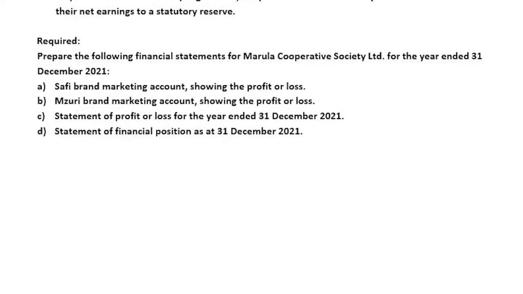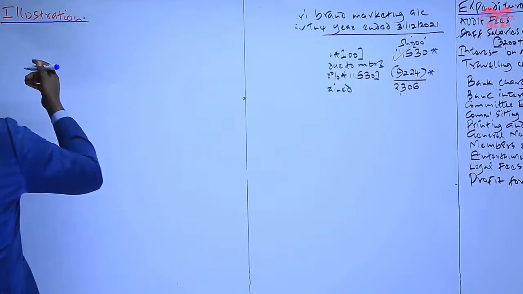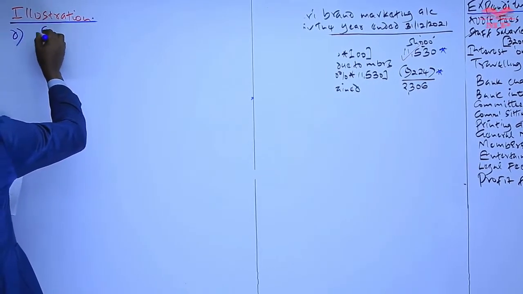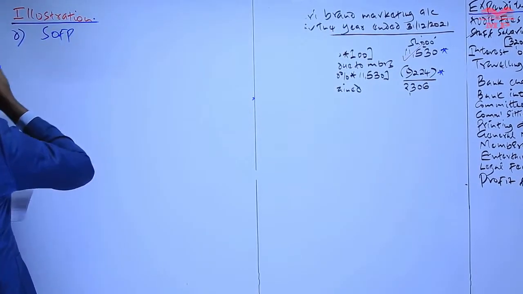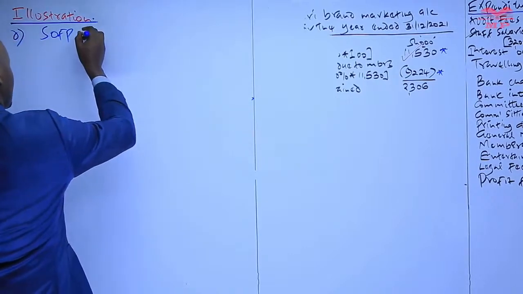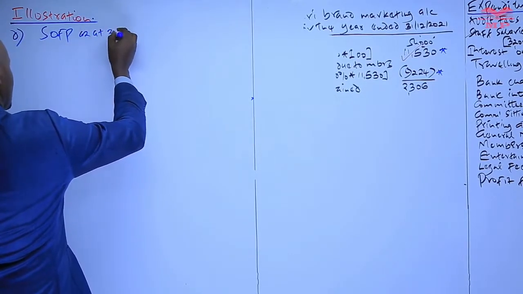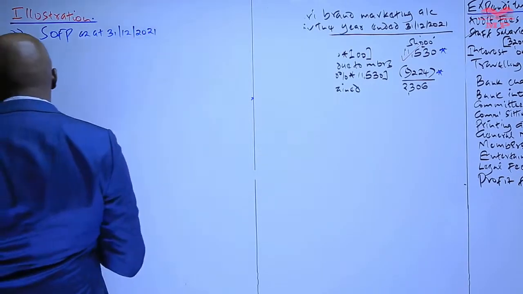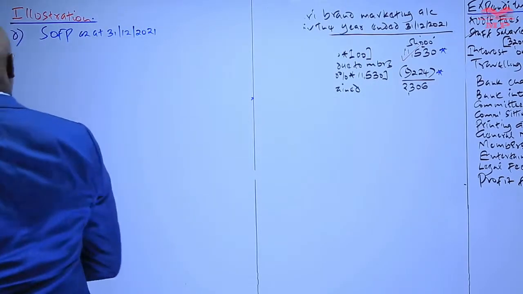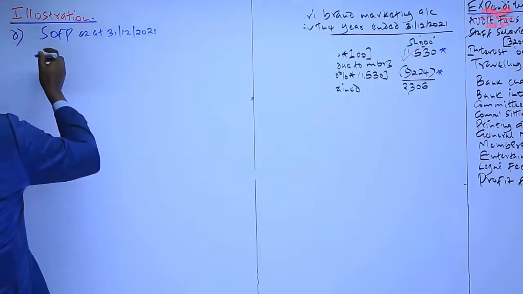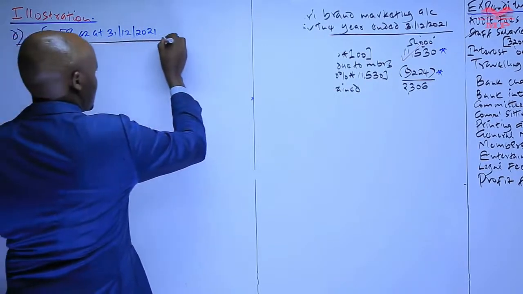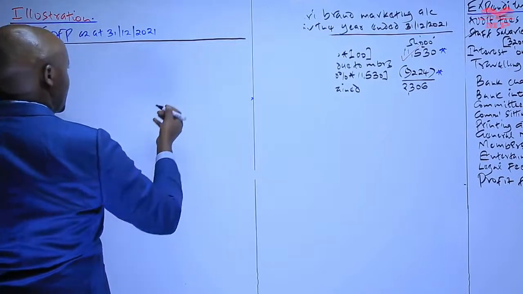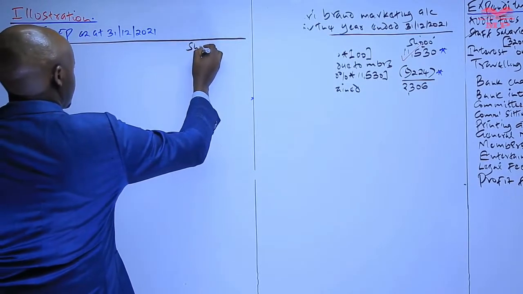You can just refer to it abbreviated as SOFP, as at 31st of December 2021. So remember, you say that it is a statement of assets, liabilities, and equity. So we just need to have a single column here.